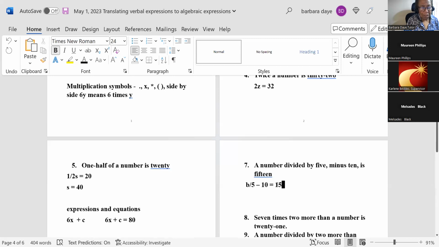No, you still have constants on both sides. Remember, the inverse of subtraction is addition. You're forgetting you have to add the 10 to both sides. Add 10 to both sides. You're forgetting your inverse, Mercedes.